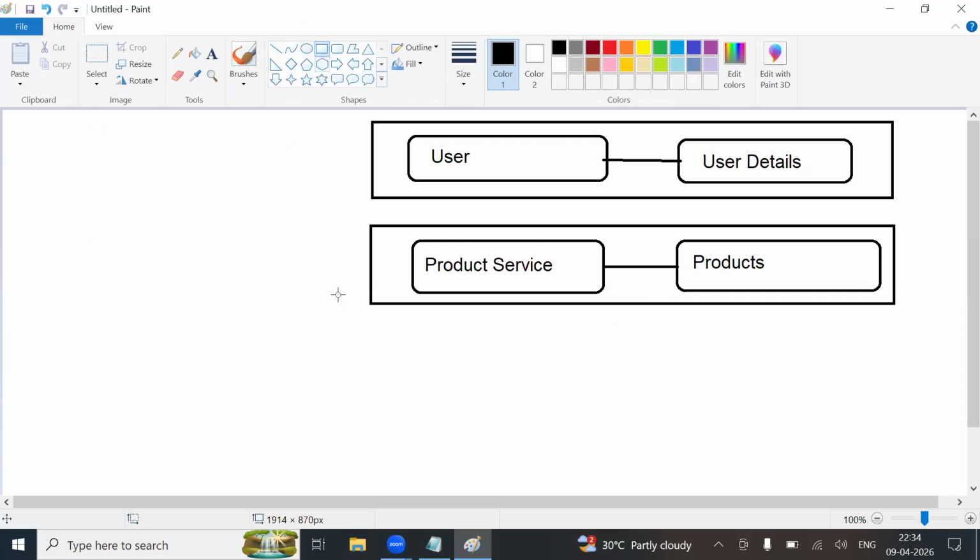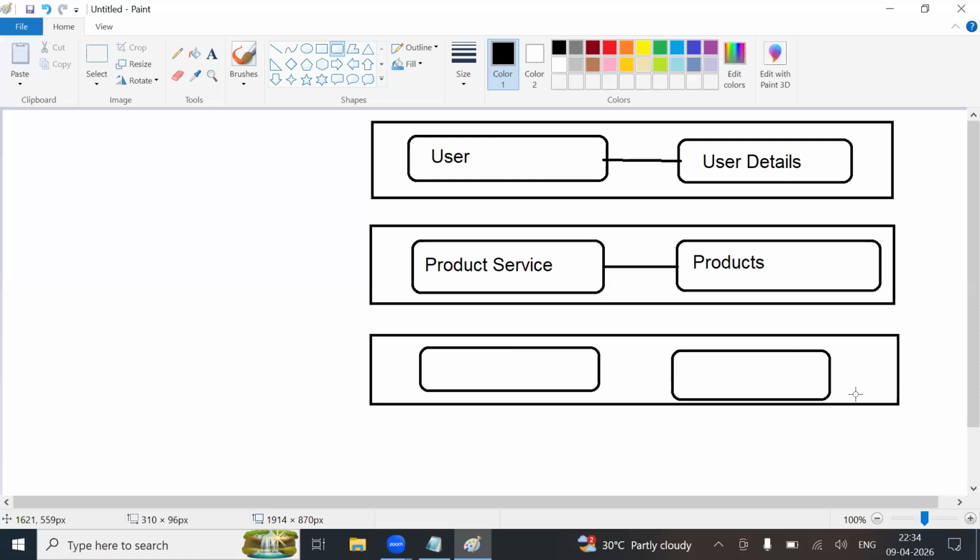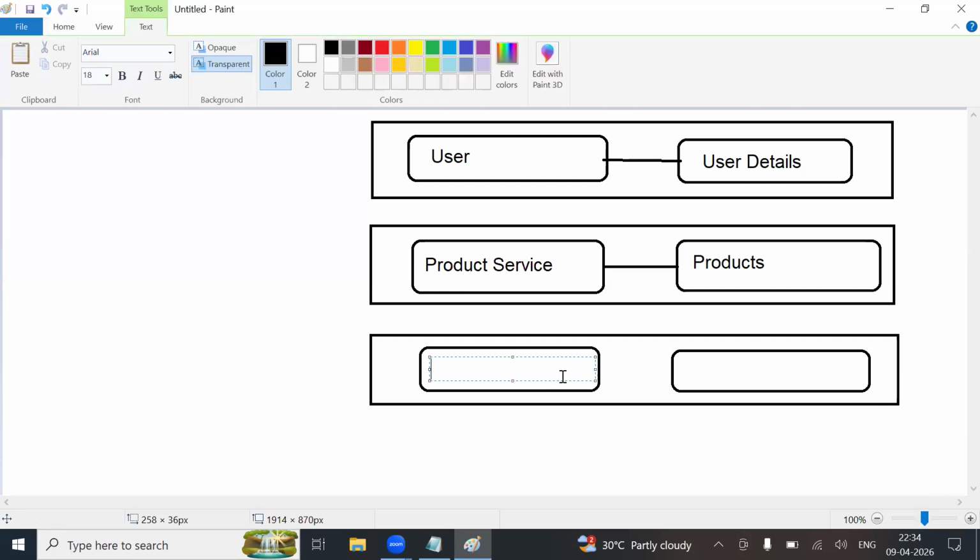Now I have another microservice called order service, and for that service I have a separate order table, order database, order DB.